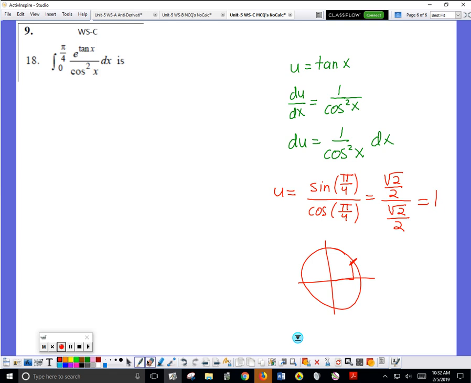So it's a unit circle problem. What I remember is that tangent is sine over cosine. So I draw my circle.